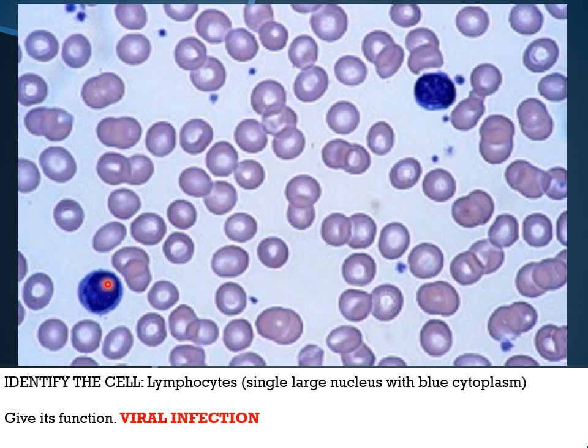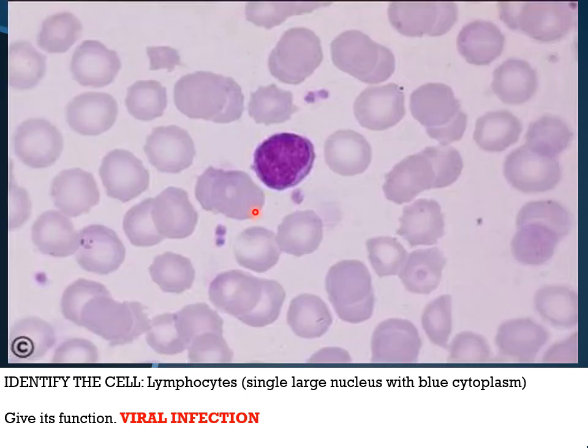Okay? And madalas kasing size niya ang mga red blood cells. Ma-appreciate nyo yan. So again, halos magkapantay yung size ng lymphocyte and RBC. Okay? And it has a single large nucleus with blue cytoplasm.